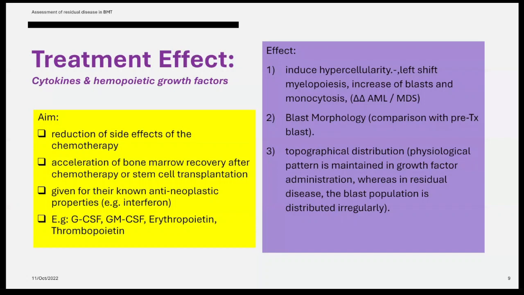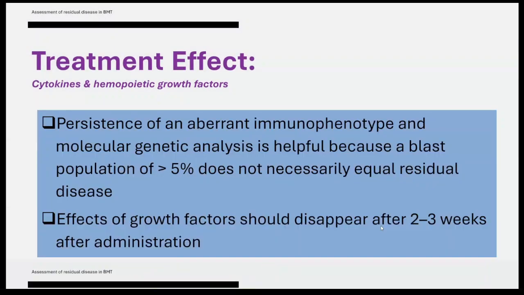And then persistence of aberrant immunophenotype and molecular genetic analysis is helpful, because a blast population of more than 5% does not necessarily equal residual disease. Remember this, but we have to make some comment in your final report.